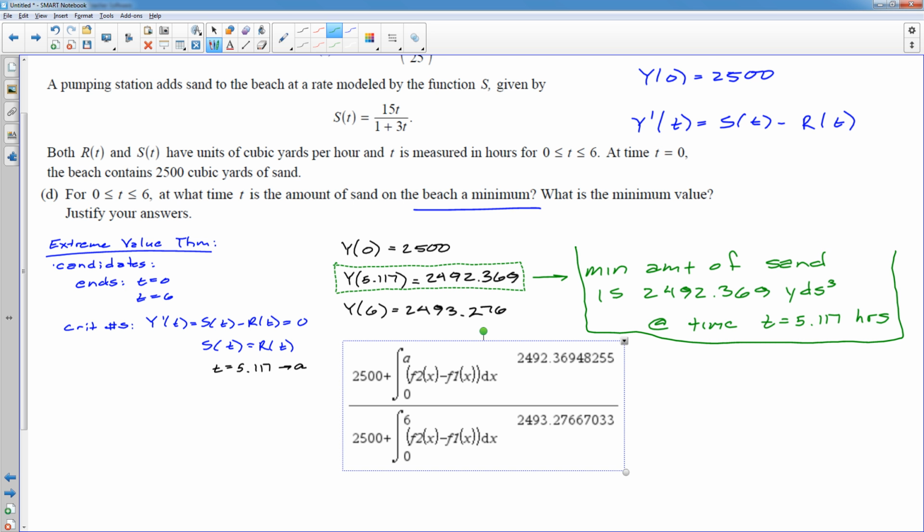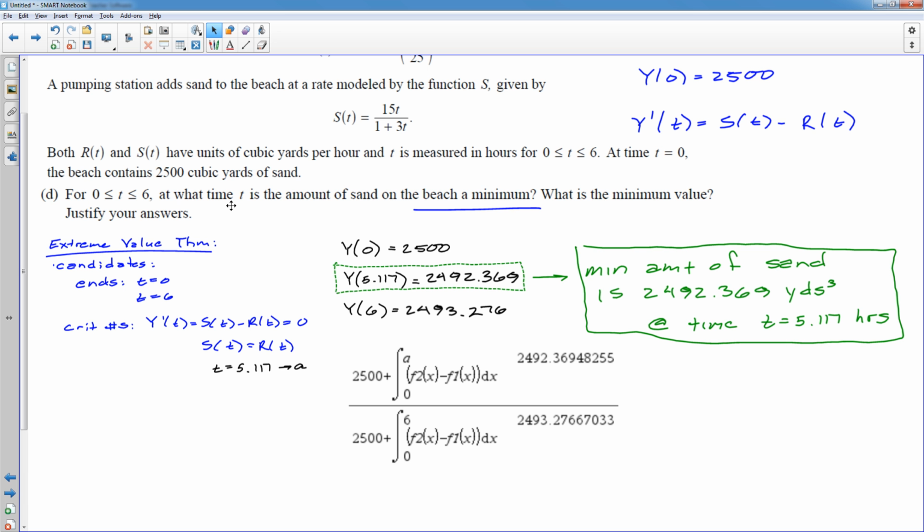It does ask you to justify your answer. In extreme value theorem questions, we're on the closed interval. When you show that you've considered the endpoints, when you've found the critical number, and you have shown the comparison of the three values, or however many you have, the work shown is your justification. You don't have to go through with some conclusive statement.